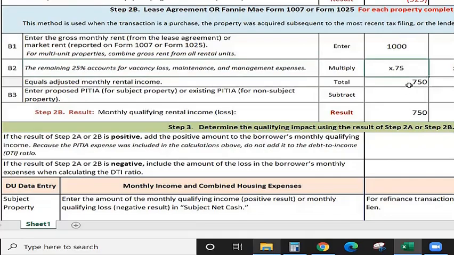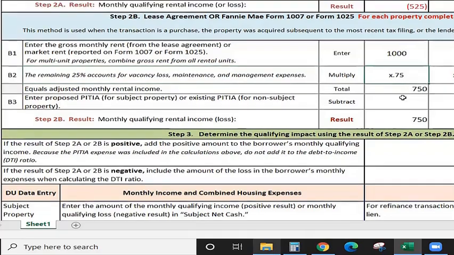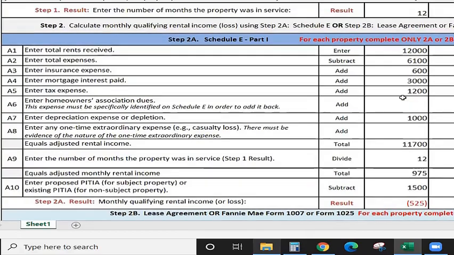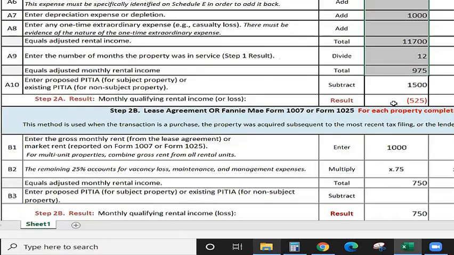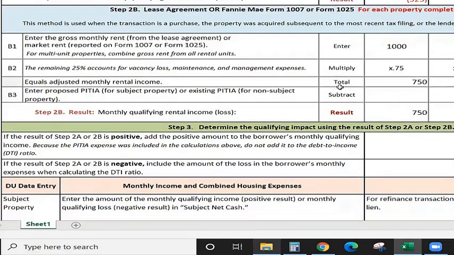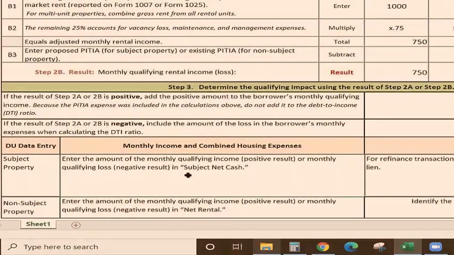Whatever amount is disclosed in the tax return, we will be taking that amount as it is. We do not need to do 75%, we are going to consider it 100%. But whatever monthly amount we are receiving in the lease agreement, we will only be considering 75% of that amount. Okay.